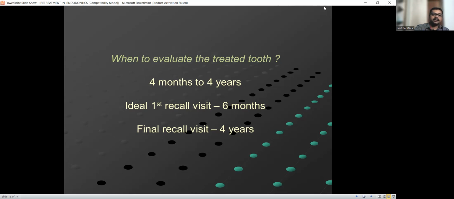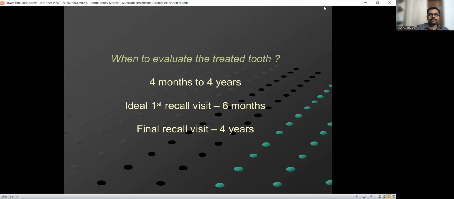Even if there had been periradicular rarefaction and resorbed periapical areas, it takes a minimum of 4 to 6 months for the bone remodeling and the healing process to occur radiographically. So the ideal first recall visit should be after 6 months, whereas the final recall visit should be at 4 years.